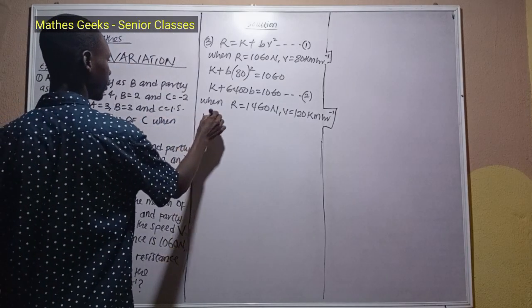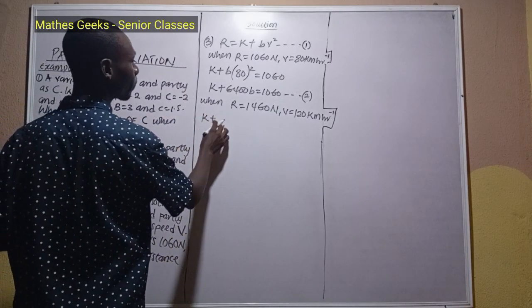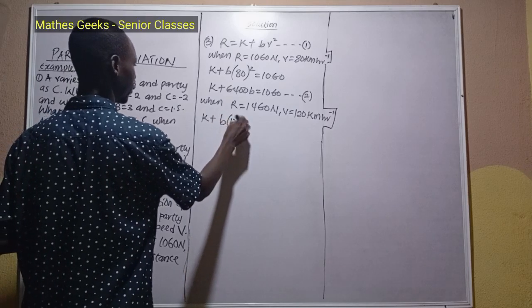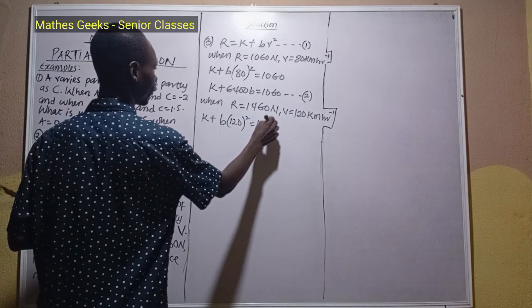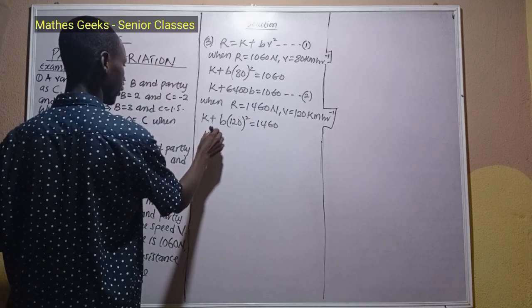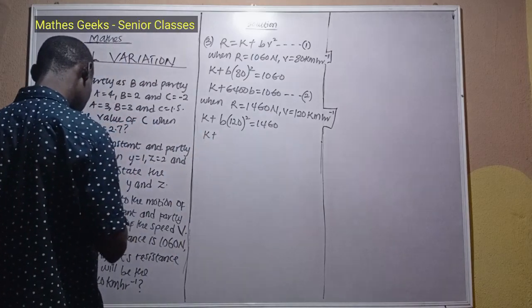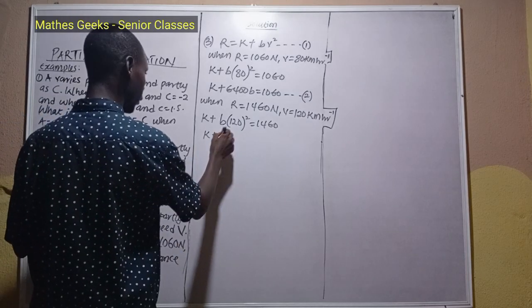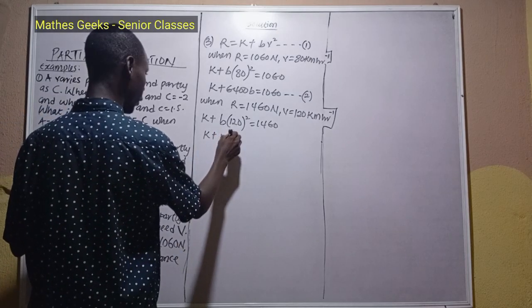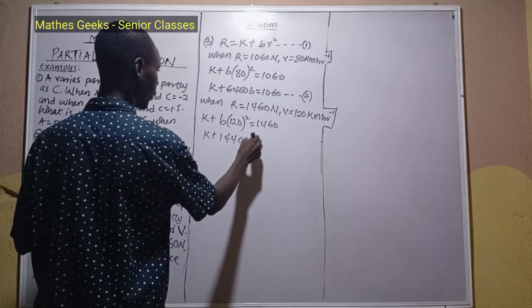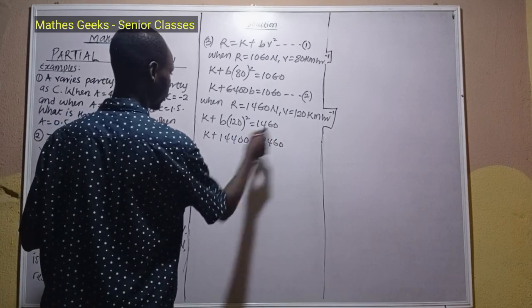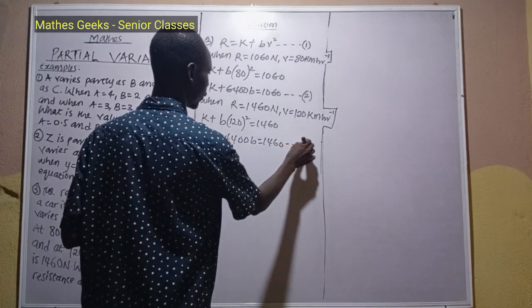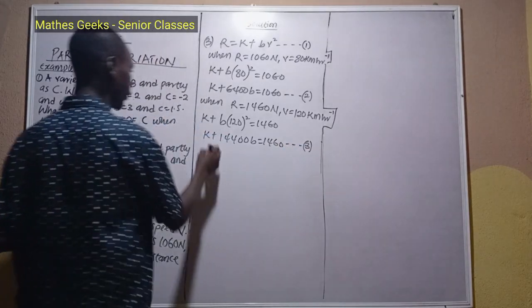So k plus b times 120 squared equals 1460, so k plus 14400 b equals 1460. Equation 3.